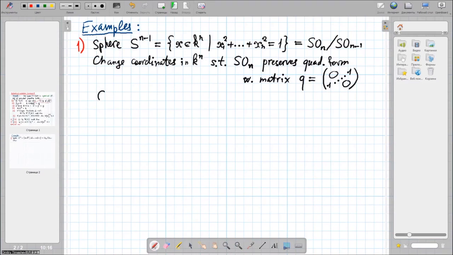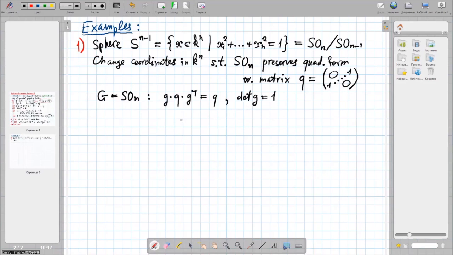So let me write down the equations for the group G, which is SO_n in my example. g times Q times g transpose equals Q. And also, since I consider the special orthogonal group, there is yet another equation, the determinant of g equals 1. These are the equations for the special orthogonal group, preserving the quadratic form with this matrix.